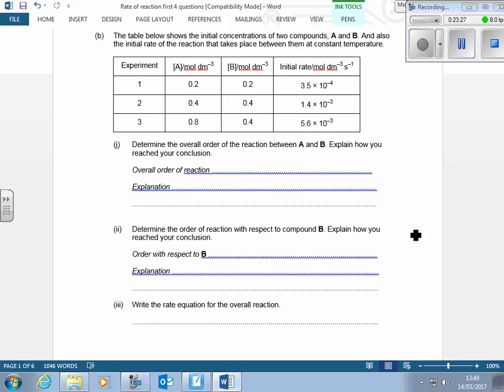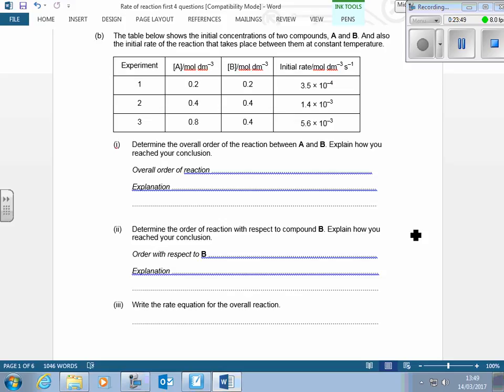Right, we haven't got one of them kept constant, have we? For A. That's going to be awkward. Let's see what we can do with it then. We can work out the order with respect to A, can't we?